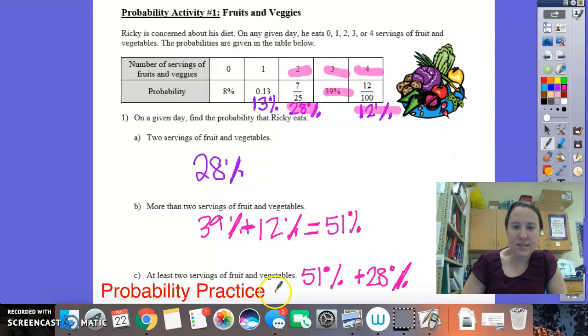Which means that there's a 79% chance of choosing 2 servings, 3 servings, or 4 servings. So pay very close attention to the vocabulary when we are talking about only certain sections of a table on a probability question.